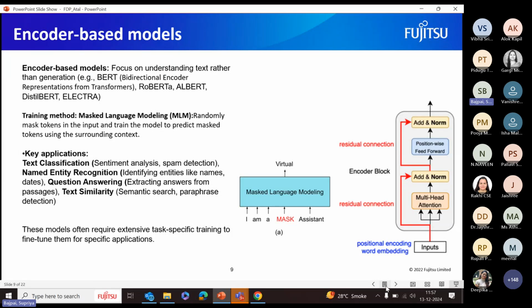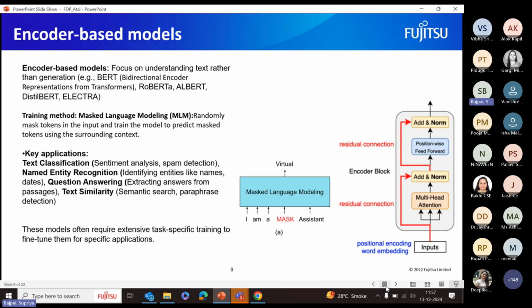So it will look at "I am a" as well as "assistant," the whole sentence before and after. That's why it is bi-directional. BERT, RoBERTa, all these models work on this strategy.